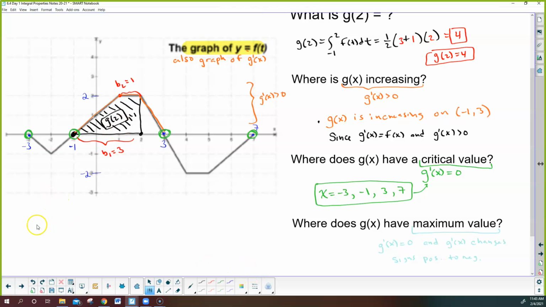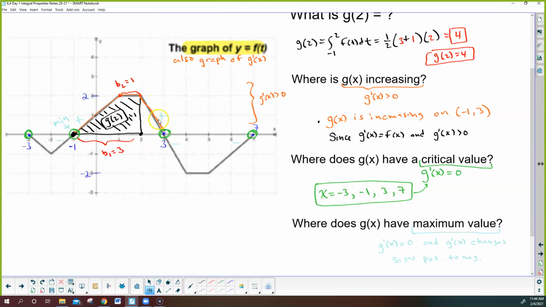If you want, you could draw a sign chart for this and just look at the fact that I'm negative here. So I'm negative and then positive, and then I go from positive to negative here, and then I'm at negative, but there's no sign change at the ends. So if here I go from decreasing to increasing, that would be a minimum value at -1.